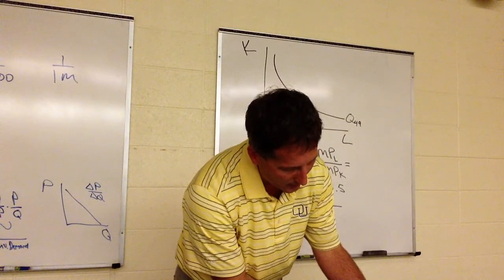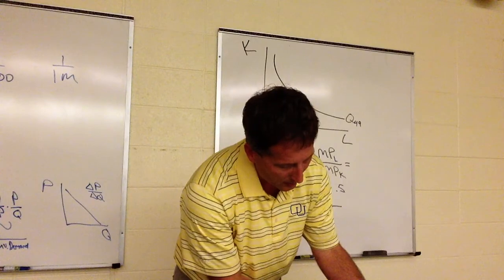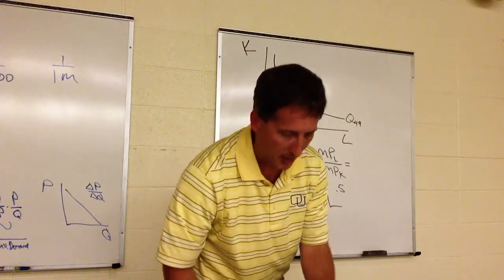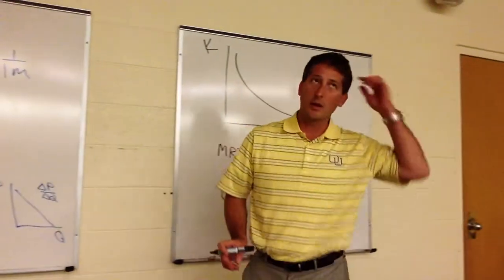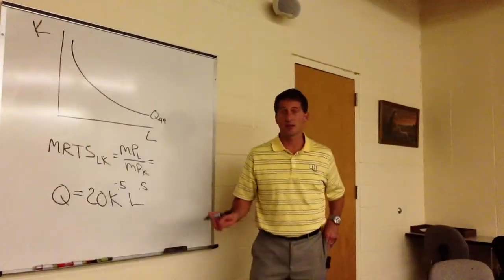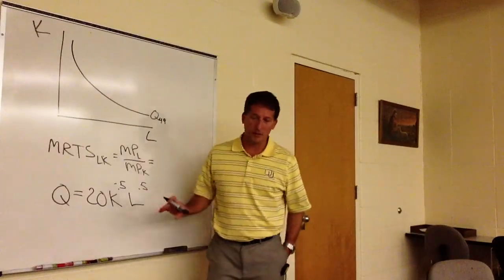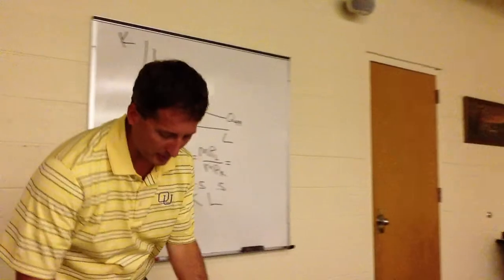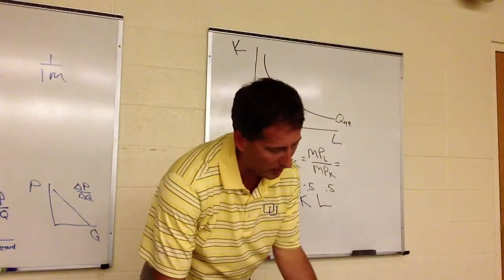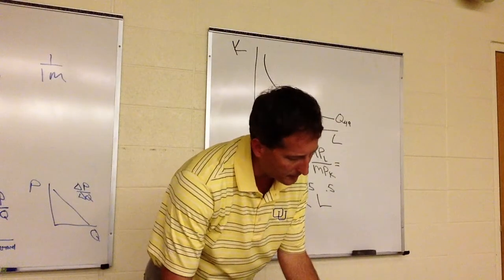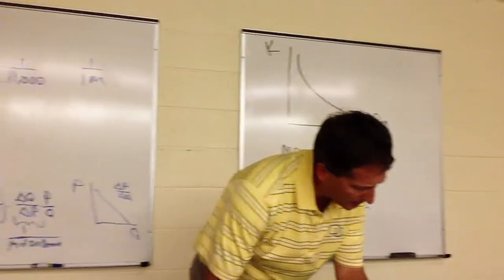Do we need to know how to do that, or can we just know that it equals W over R? It depends on what the question's asking. So in order to solve for that, we need to get it down to W over R, because we're asking for the optimal amounts, right?